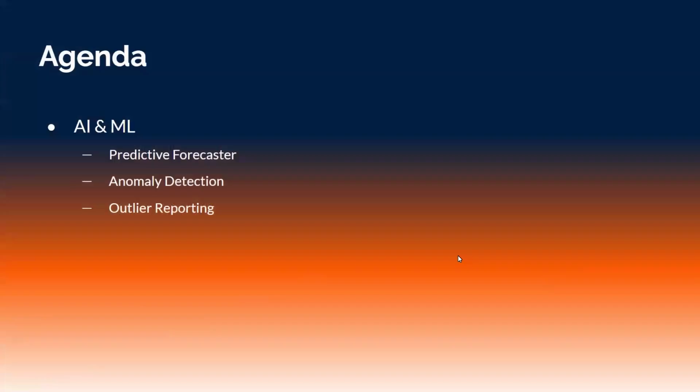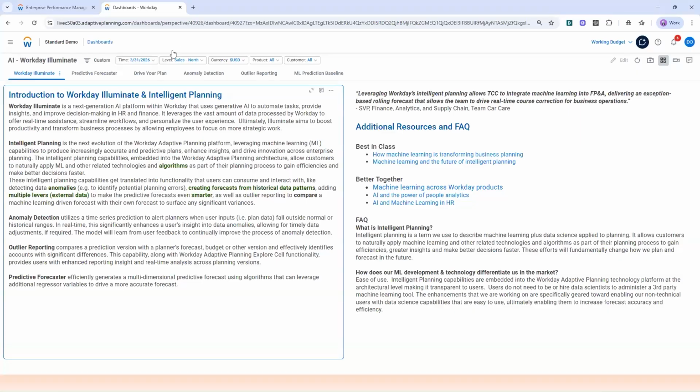Today we'll cover AI and machine learning through 3 topics: predictive forecaster, anomaly detection, and outlier reporting. So let's dive in. What you see here is a dashboard where I have some examples of the predictive forecaster, anomaly detection, and outlier reporting.